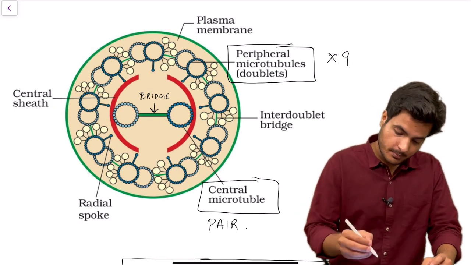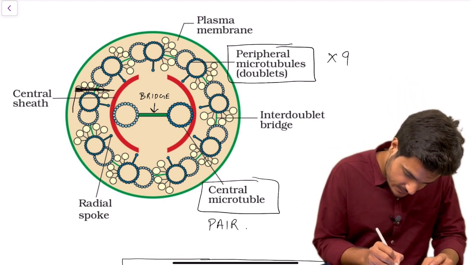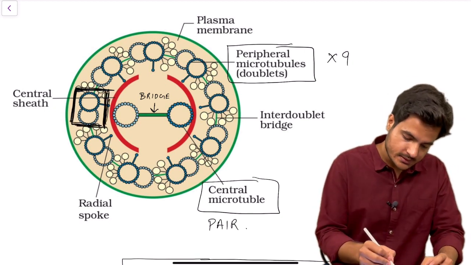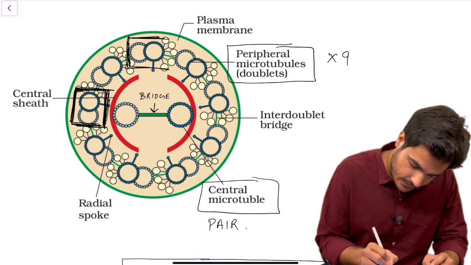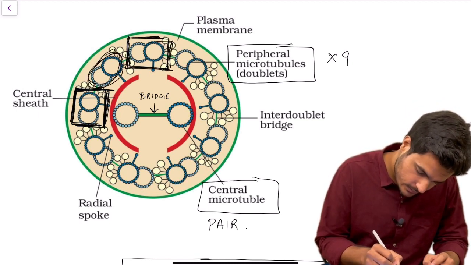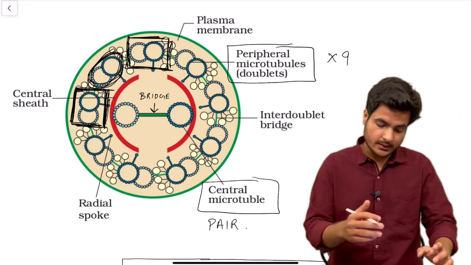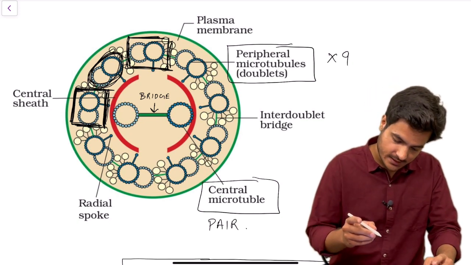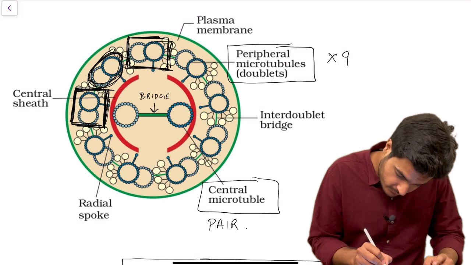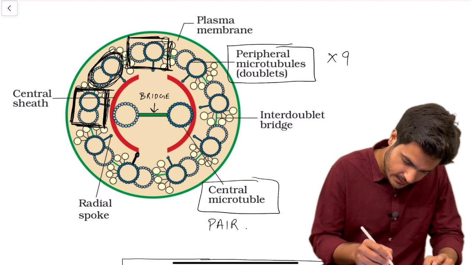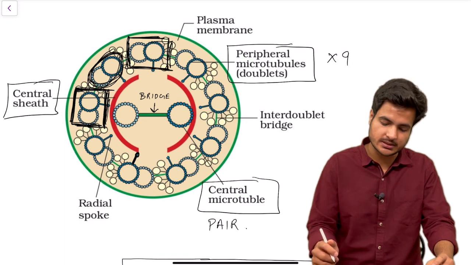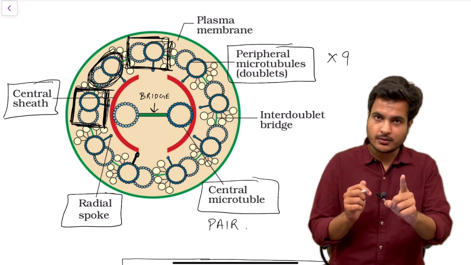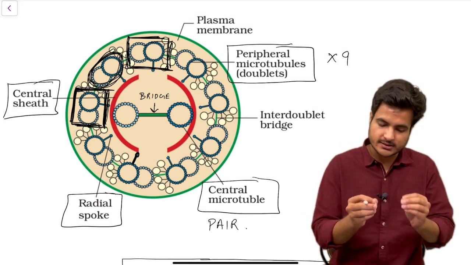Now each peripheral doublet, so this is one single microtubule doublet. Similarly, we have 9 doublets. I'm not encircling all the 9 pairs. So we have 9 peripheral doublets, and out of these, one microtubule of each is connected to this red colored thing. This red colored thing is called the central sheath, through radial spokes. Radial spokes connect one tubule of the peripheral doublet to the central sheath.